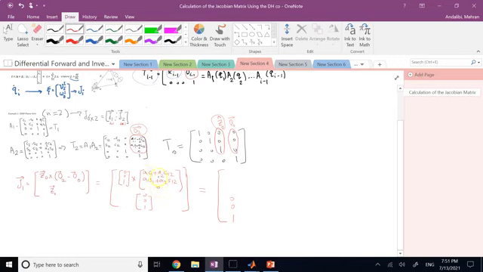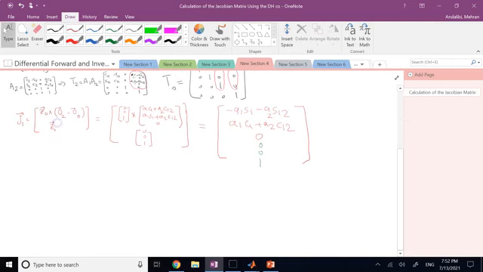So it's going to be the negative of this guy as the first component, positive of the second one for the second component, and then there is no z. This is the top portion, and the bottom portion is clearly 0, 0, and 1. So this is your first column of the Jacobian.